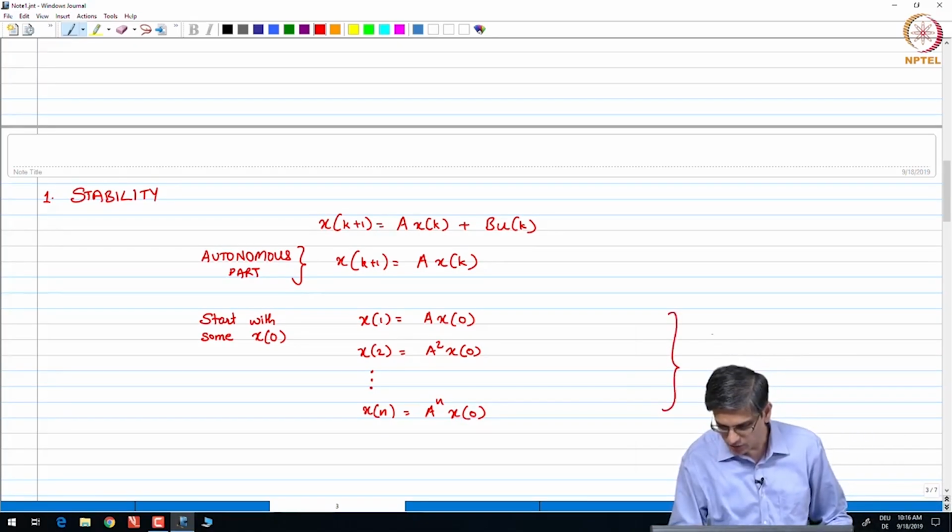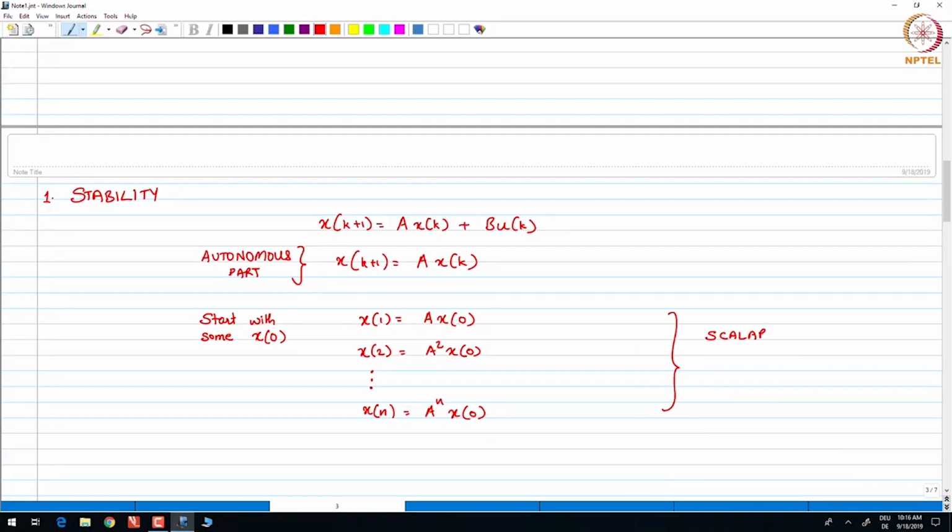And what example had we taken? We had taken the example of a scalar system. If a is positive and greater than 1, the value of x will keep increasing as n tends to infinity.